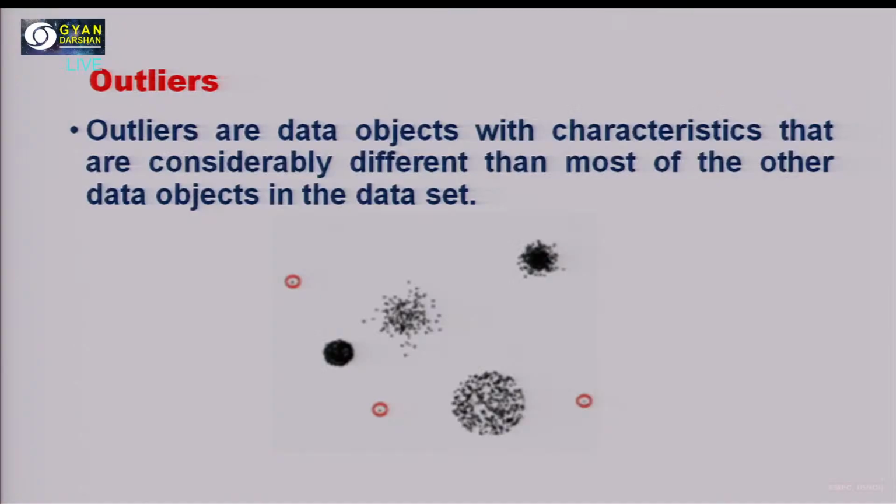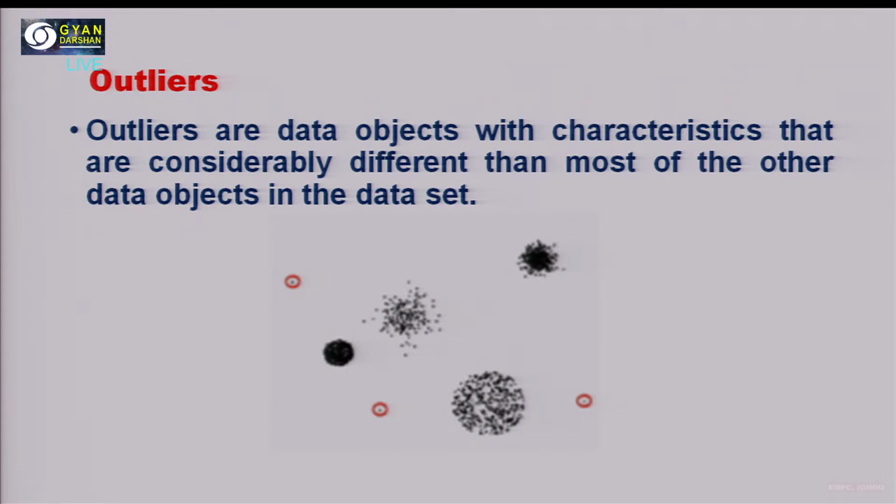Whereas outliers are data objects with characteristics that are considerably different from most of the other data objects in the data set. For example, in the diagram here you have black dots and some dots represented as red dots with a red circle.